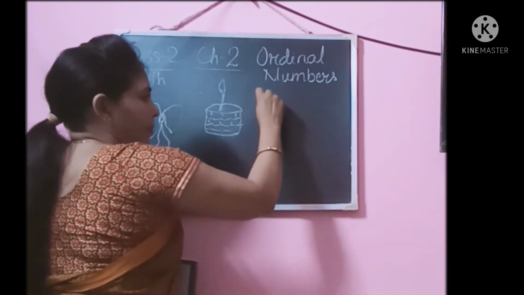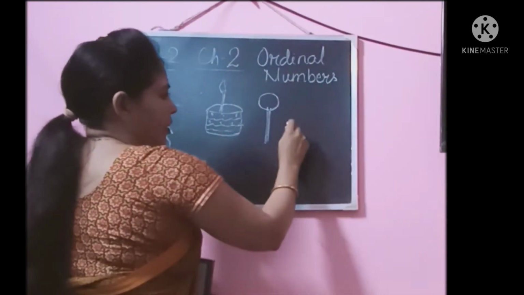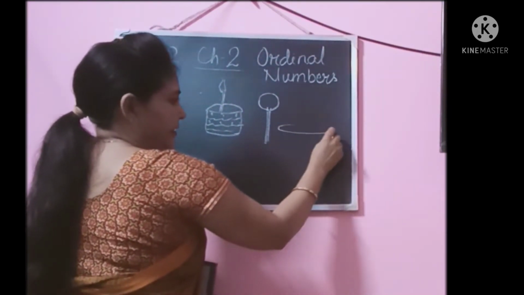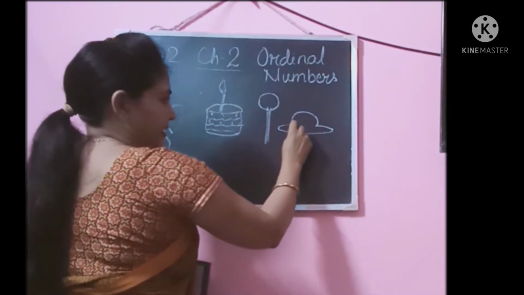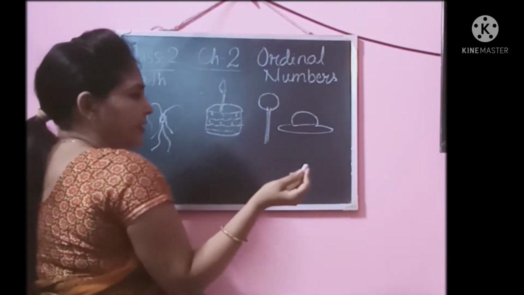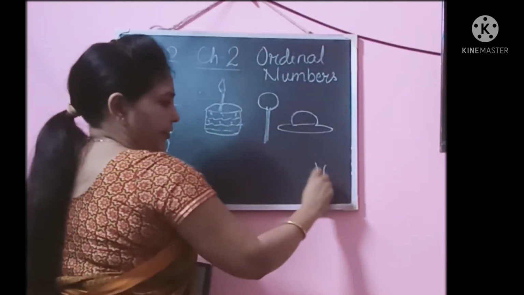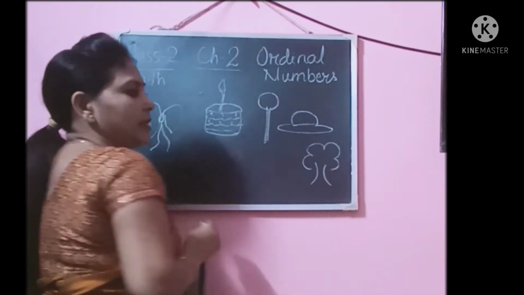Now let's draw one hat. This is a hat, and let us draw one tree over here. So you can see all these objects are placed one by one.